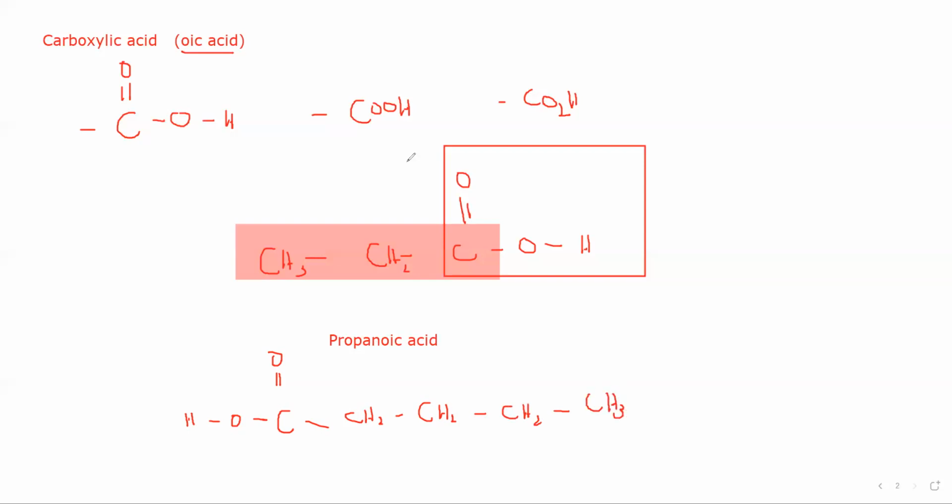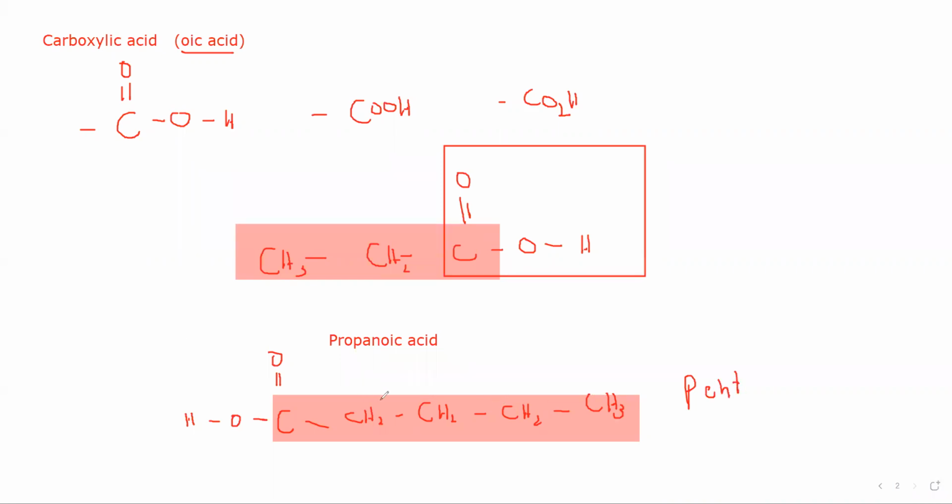How many carbon atoms are there? Now total number of carbon atoms, so 5. What is the prefix used for 5? Pent. So this will be pent because of 5 carbon.